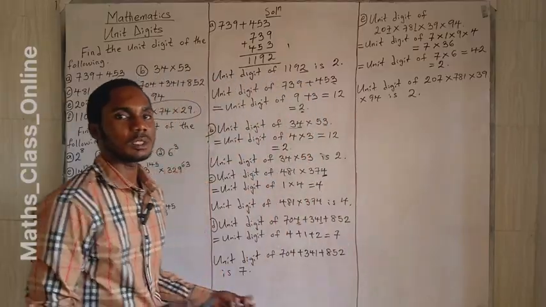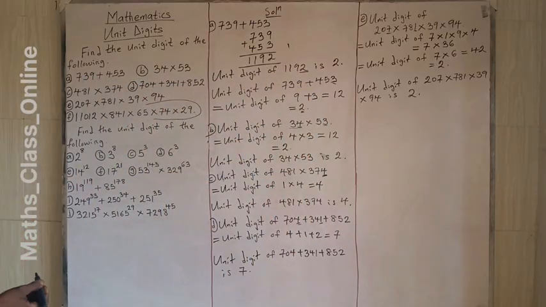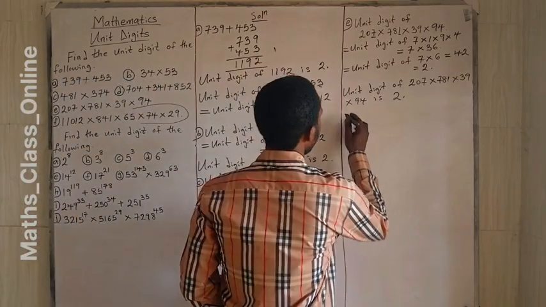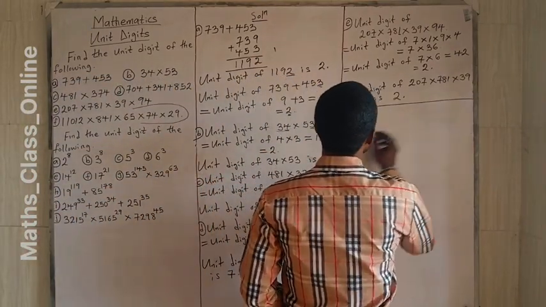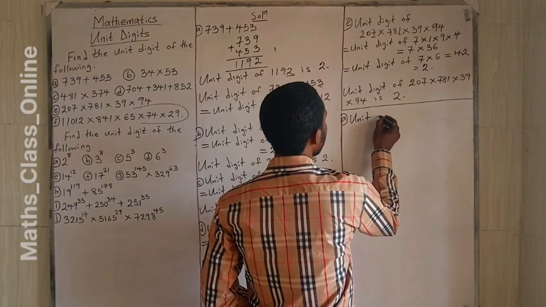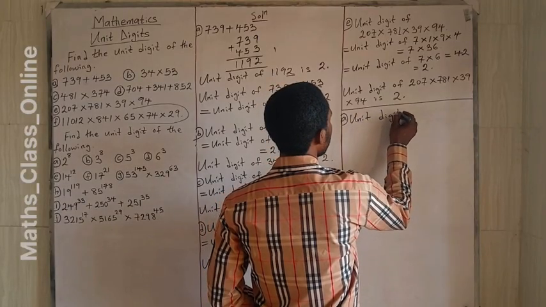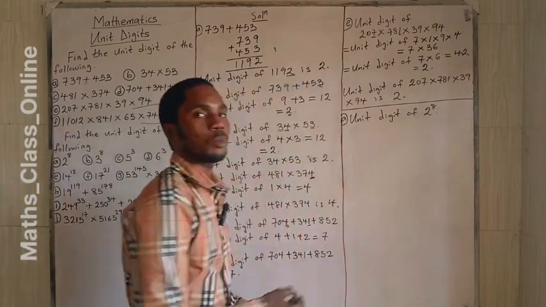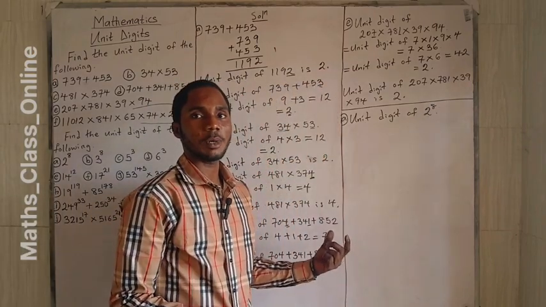Now we move on to the second part. Find the unit digits of the following. We have 2 raised to the power of 8. We are to find the unit digit of 2 raised to the power of 8.